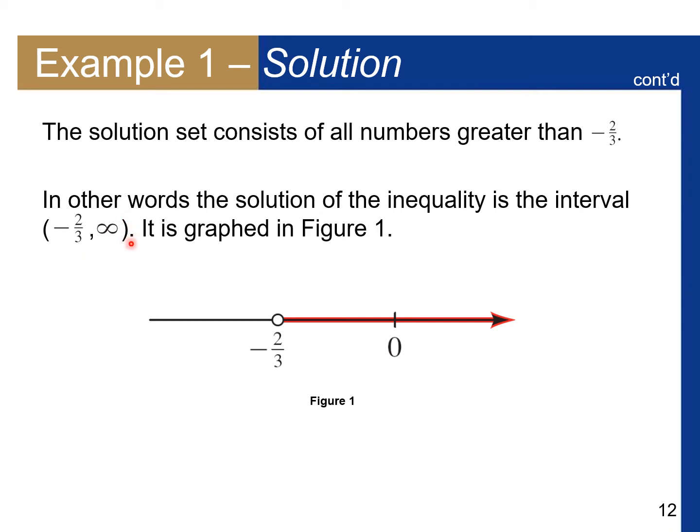And this is interval notation. We talked about this before. This parenthesis means that we start right after negative 2/3. It doesn't include it, and then it goes on to infinity, and the infinity symbols always have a parenthesis because they are considered to be unbounded.